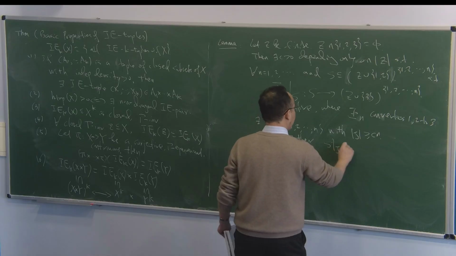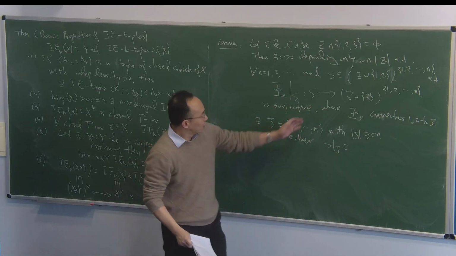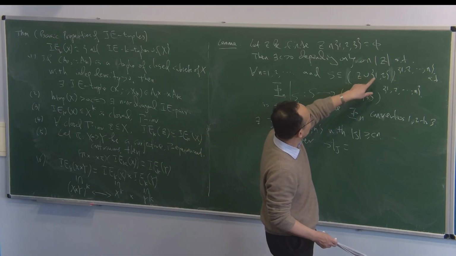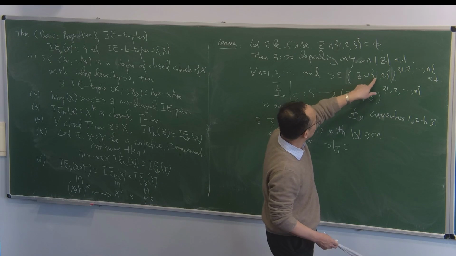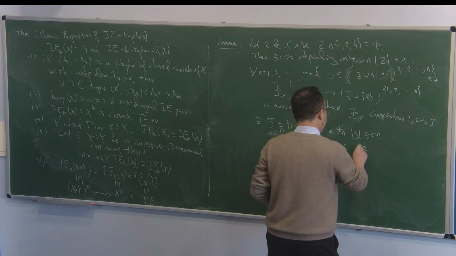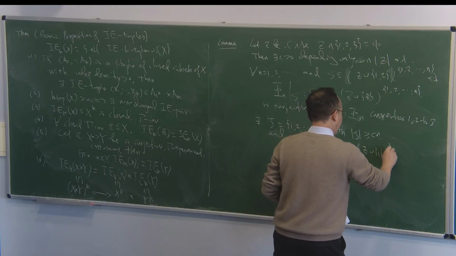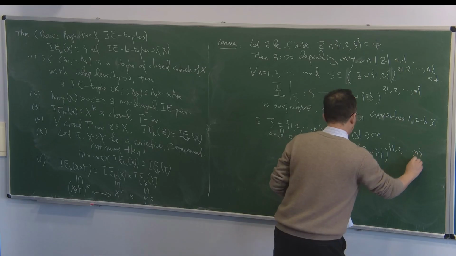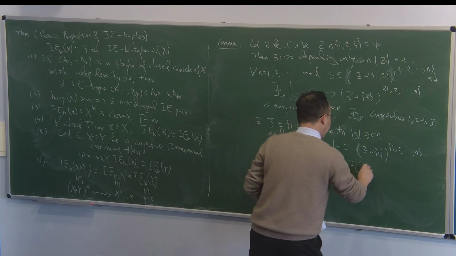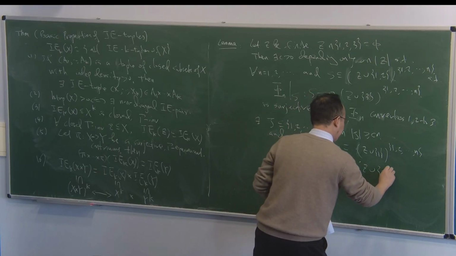Either S restricted to J gives everything with values in Z and 1, or you get everything with values in Z and 2.